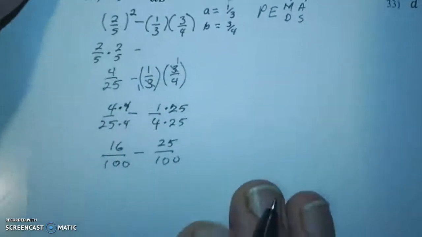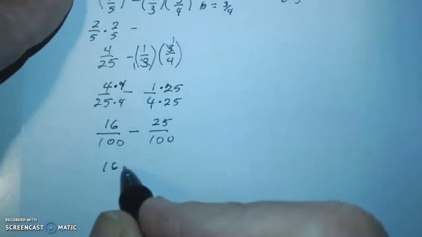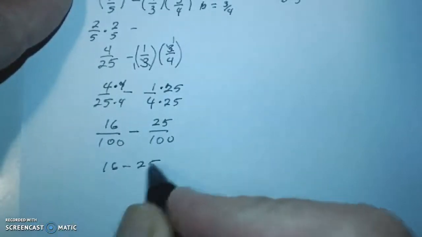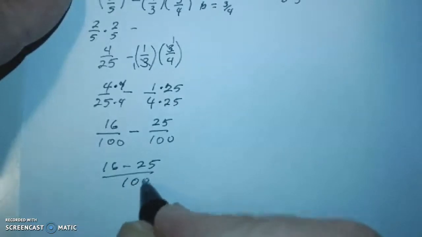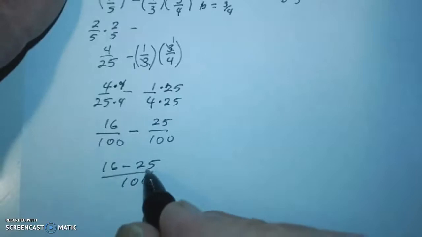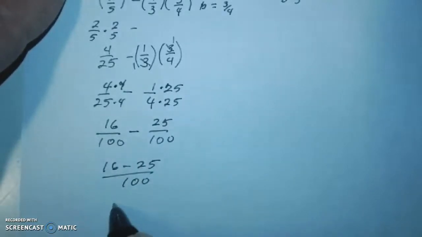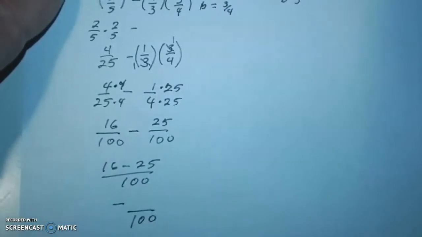Put it over one denominator to help you think about the integers. 16 minus 25 over 100. 16 minus 25. They're going to be different signs. You're going to have to subtract. The larger amount is going to be negative. So right away, let's go ahead and make that answer come out to be negative.